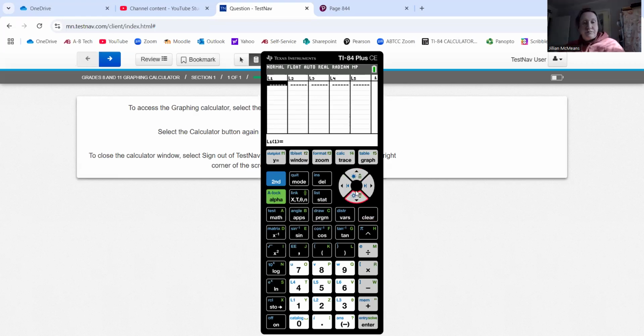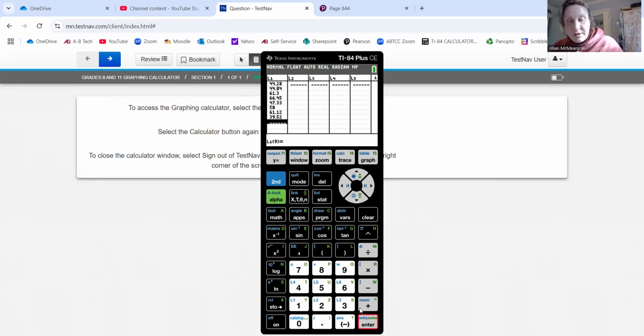All right, so for L1, we're going to type in our x values, okay? So x is going to be the weight. So I have 44.28, 44.84, 61.3, 66.45, 47.33, 58, 61.12, and 39.52.